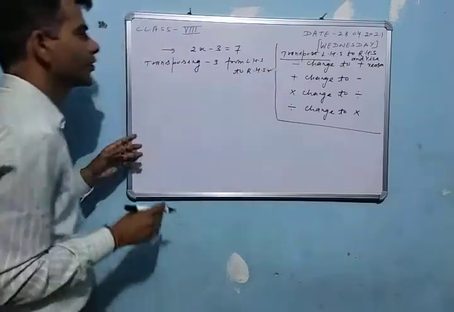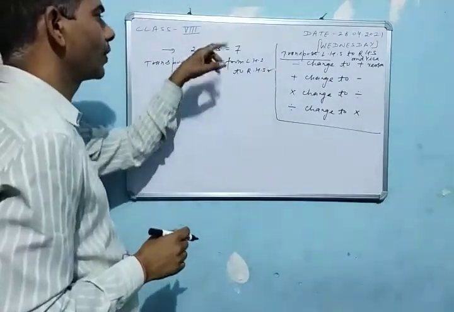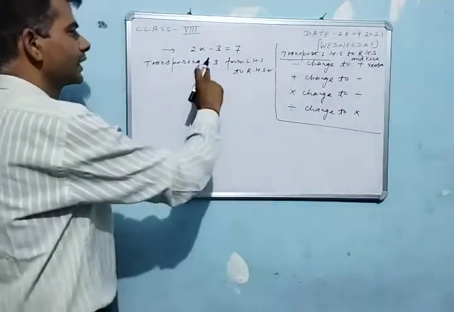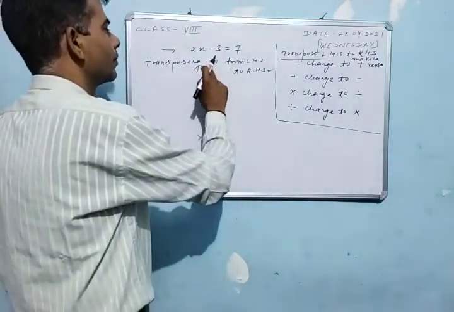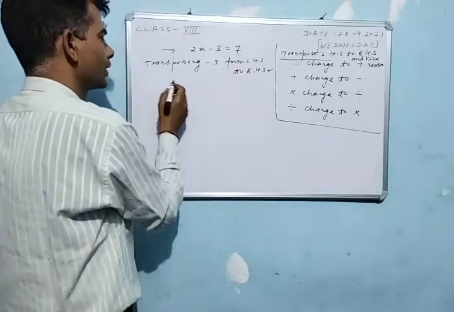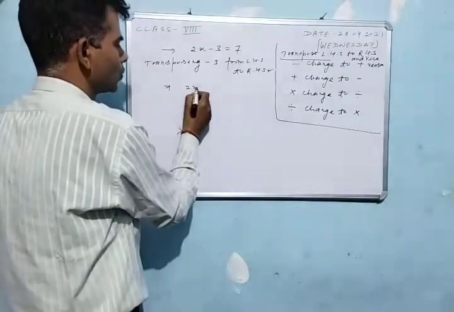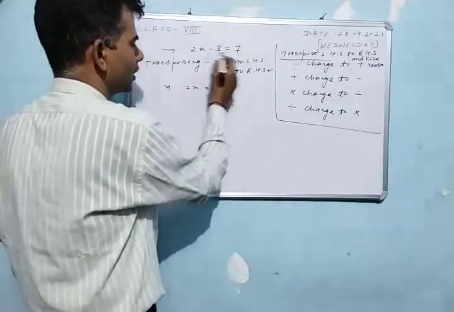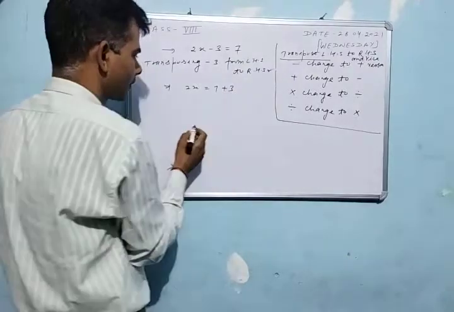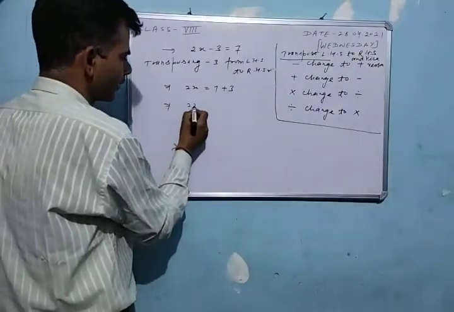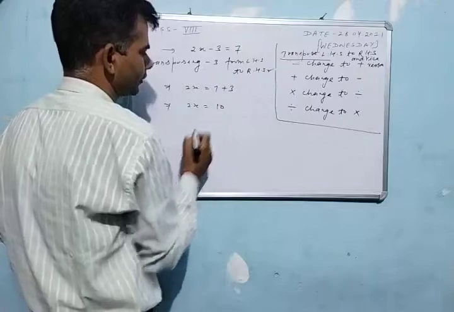Students, if we move minus 3 from left hand side to right hand side, then minus 3 will change into plus sign, that is 2x equals 7 plus 3. Now students, 2x is equal to 7 plus 3, that is 10.